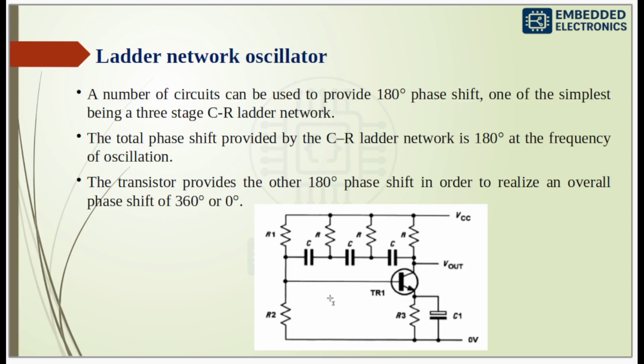Here the total phase shift provided by the CR ladder network is 180 degrees at the frequency of oscillation. The transistor provides the other 180-degree phase shift in order to realize the overall phase shift of 360 degrees or 0 degrees.